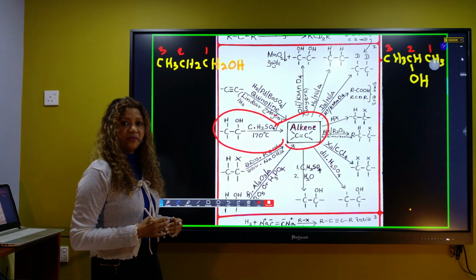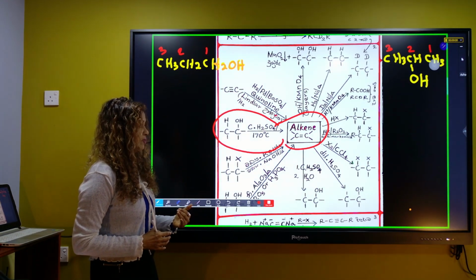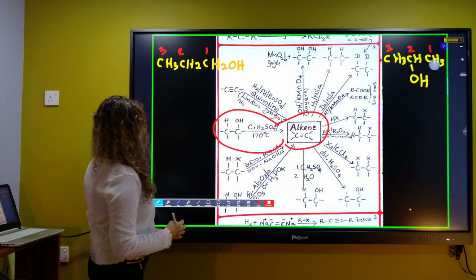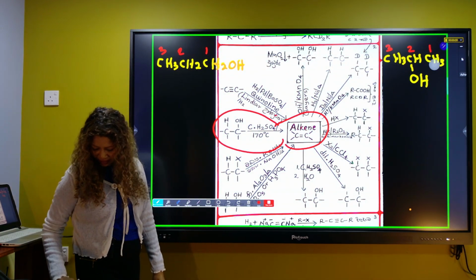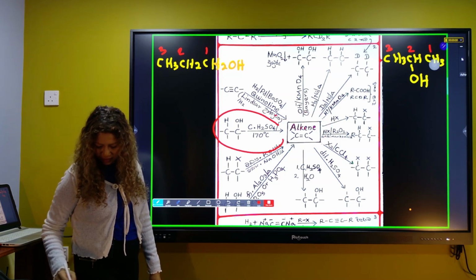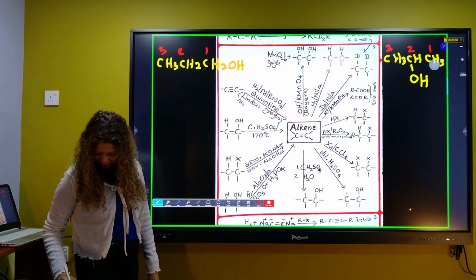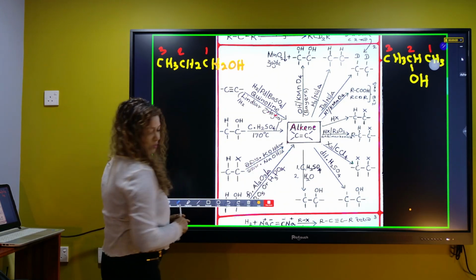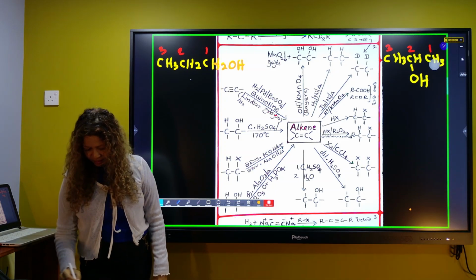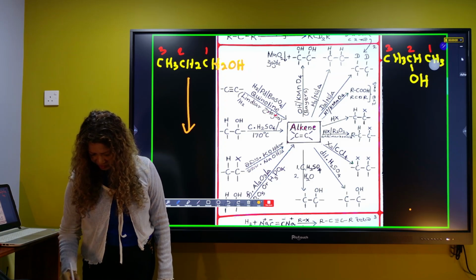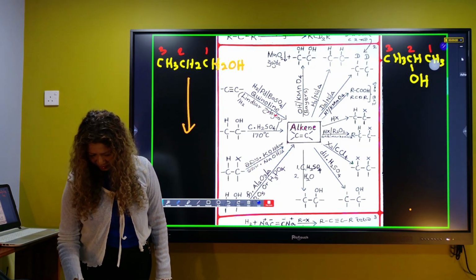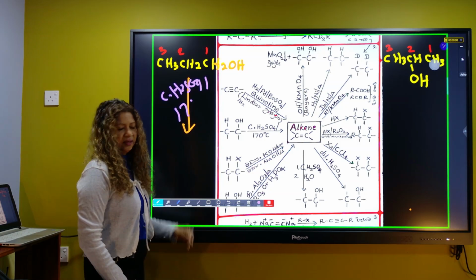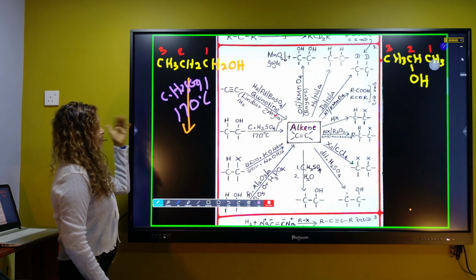Here I'm trying to find a way to remove the OH from this first carbon so that I can make this double-bonded alkene. So what I'm going to do is add conc H2SO4 and heat to 170 degrees Celsius.